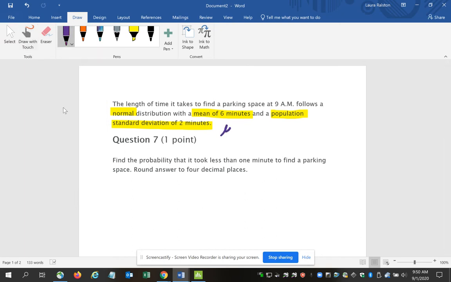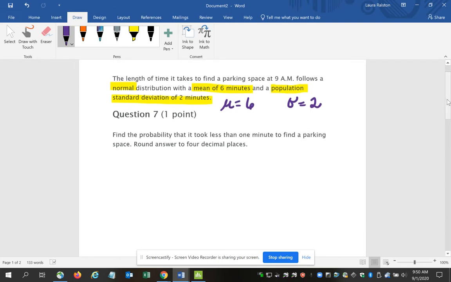So the mean is 6 and the standard deviation is 2. The question for number 7 says, find the probability that it took less than 1 minute to find a parking space. Round your answer to 4 decimal places.